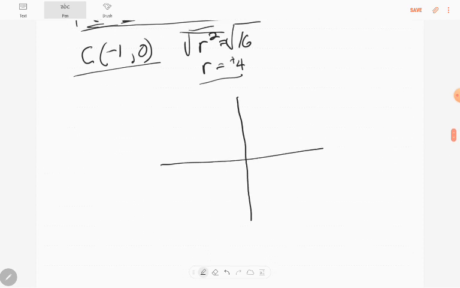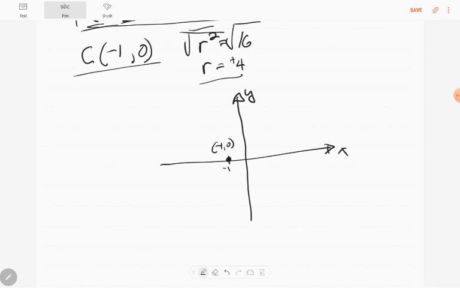Draw the Cartesian plane. You have your x and your y axis. So what do we need to do? x is negative 1, so we'll be moving negative 1 here. y is 0, so we're not moving up. Therefore, this will be the center, which is negative 1, 0.